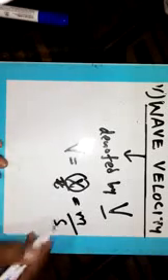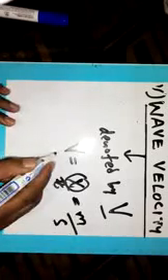Remember, we said wave velocity is nothing but distance over time. For us to get the SI unit of wave velocity, what is the SI unit of distance? Meter. What is the SI unit of time? Second. Therefore, what is the SI unit of wave velocity? Meter per second. You can also represent it as m/s. I think this part is not very difficult for you.